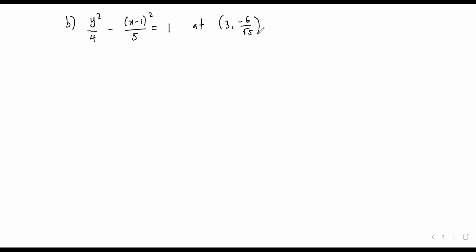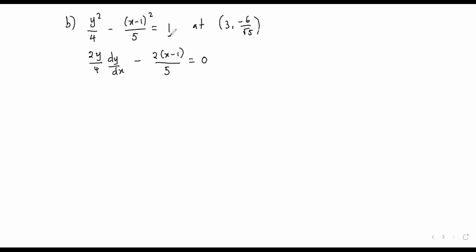So now we differentiate this. So say 2y over 4 dy/dx minus 2(x minus 1) multiplied by 1 over 5 equal to 0, because the derivative of 1 is 0.